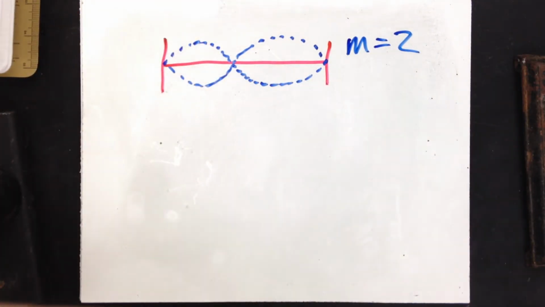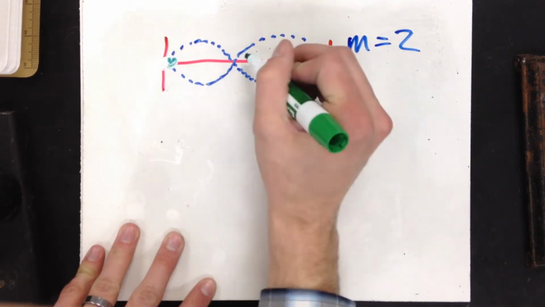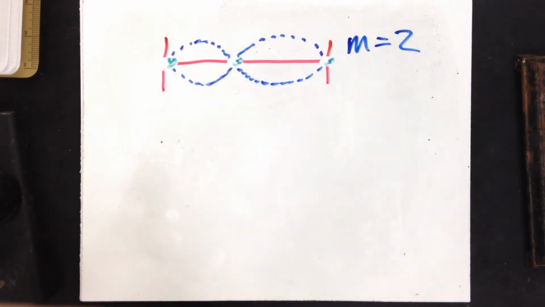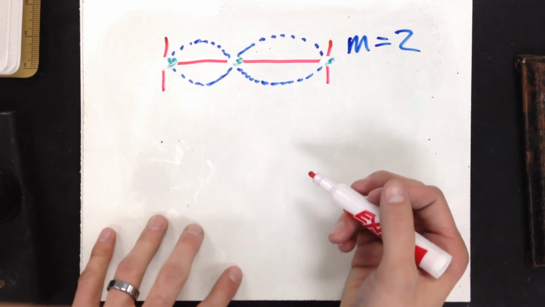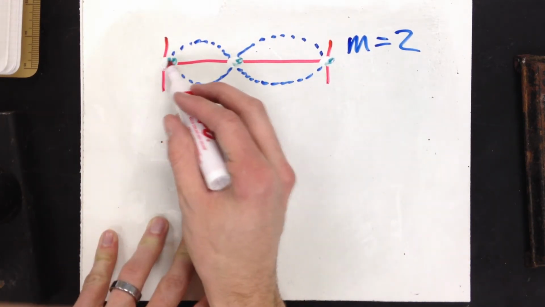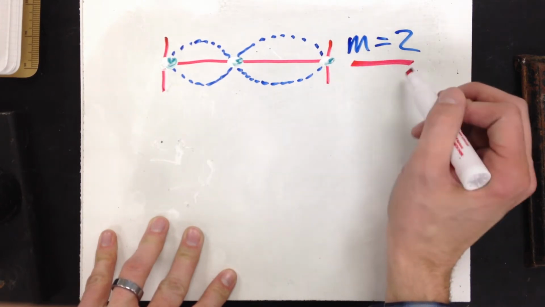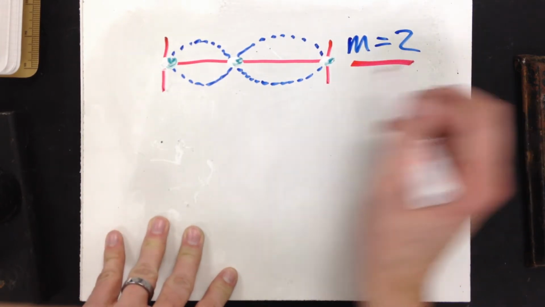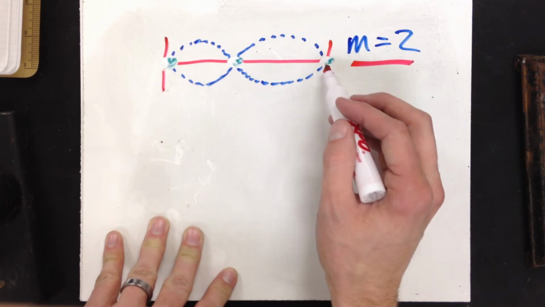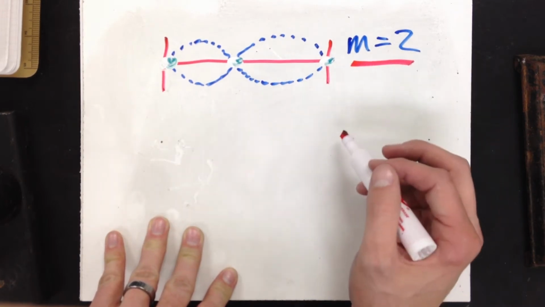If you look, I've got 1, 2, 3 nodes. Okay? Which means there's a 1/2 wavelength, there's a 1/2 wavelength. Again, m is the number of 1/2 wavelengths. So here I have 2 1/2 wavelengths, so my m is 2.